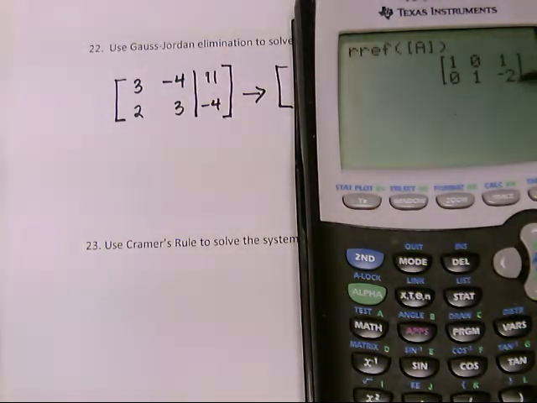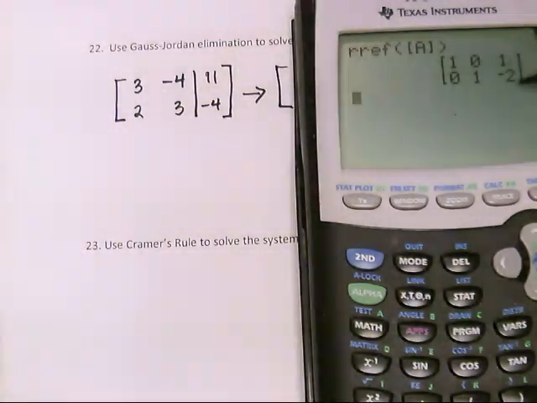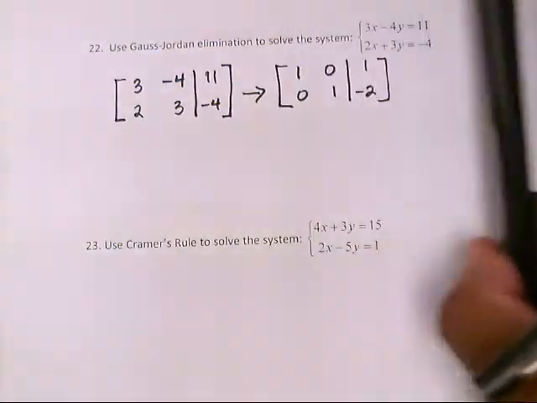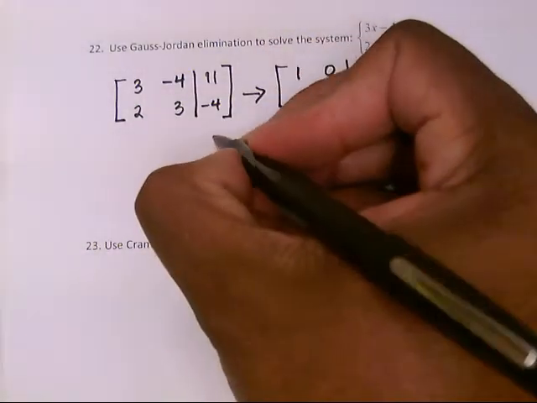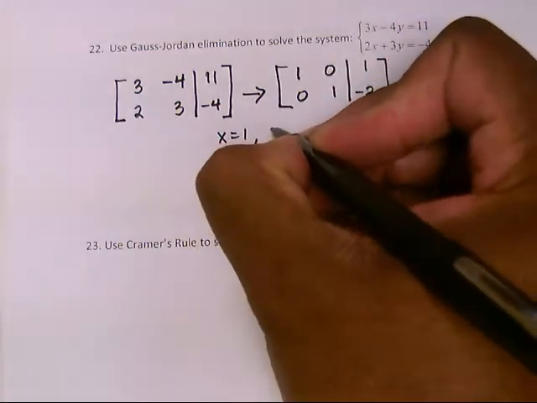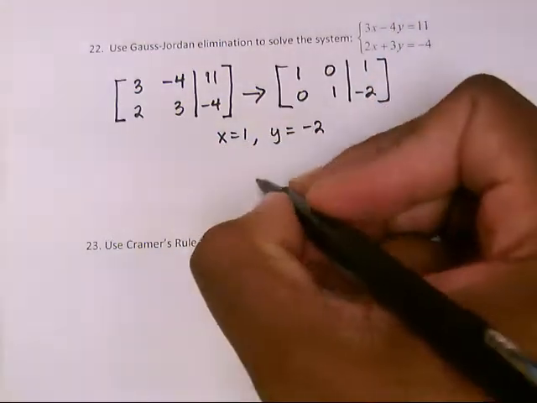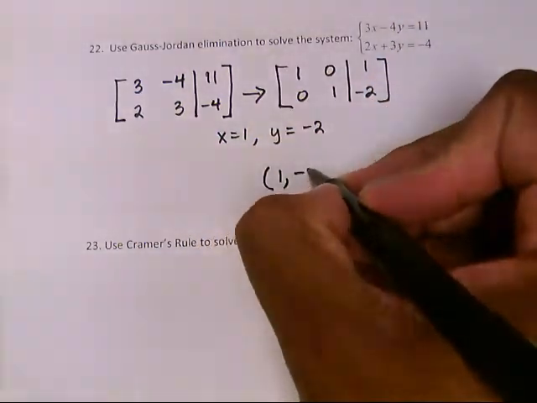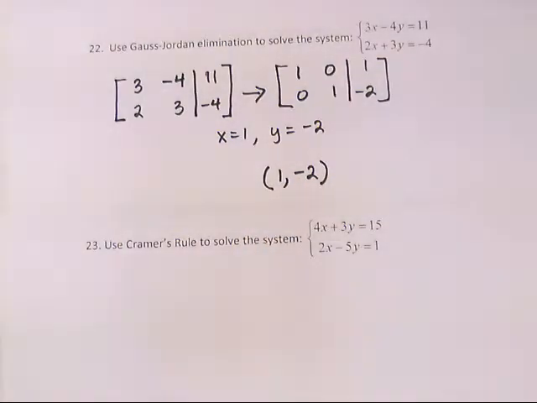That's your x and your y value here. So here your x is 1, your y value is -2. So that ordered pair for that system of equations, using your calculator, which does Gauss-Jordan elimination, would be 1, -2.